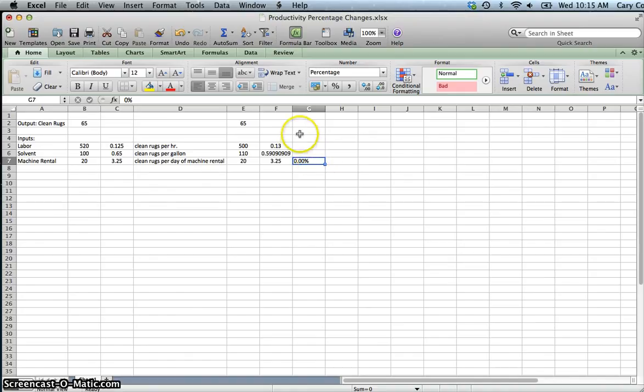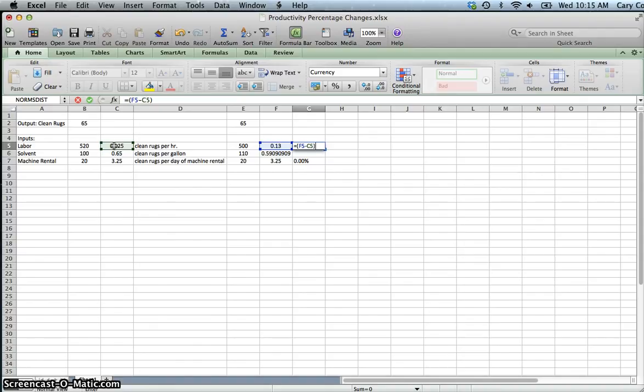Now let's take a look at the other ones and actually calculate the percentage change. The easiest way to calculate the percentage change is to simply take the difference. In this case, you want to take the new productivity measurement minus the old productivity measurement, because if it's gone up, we want to show that as a positive.